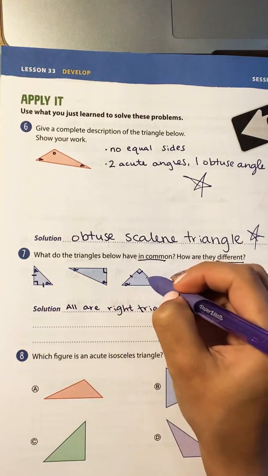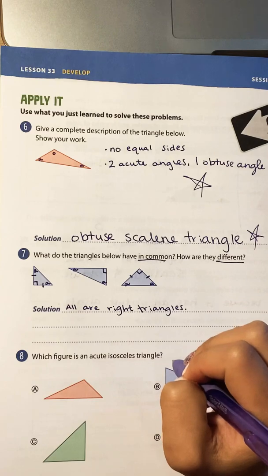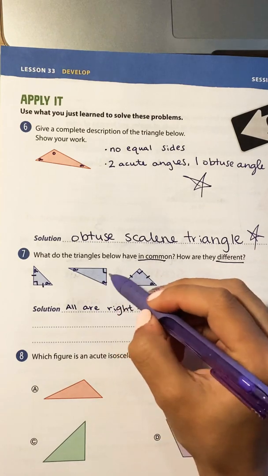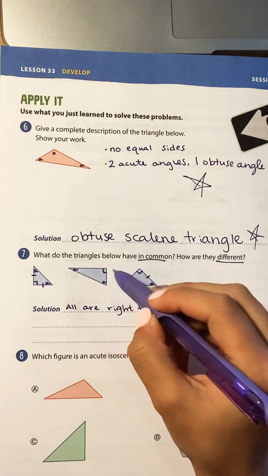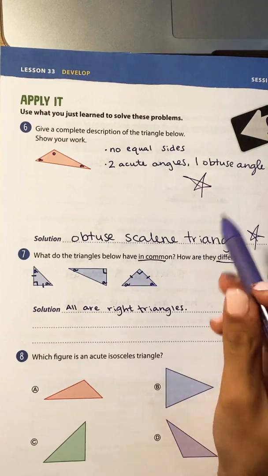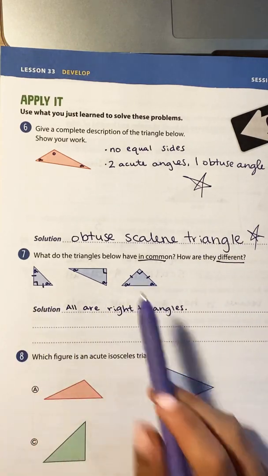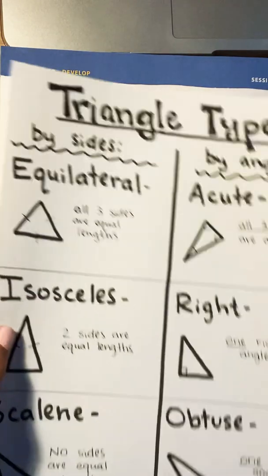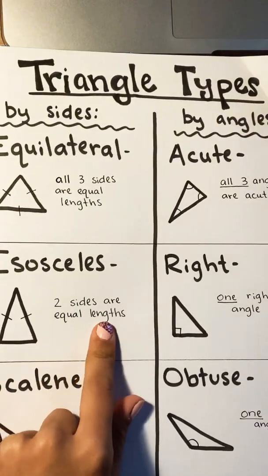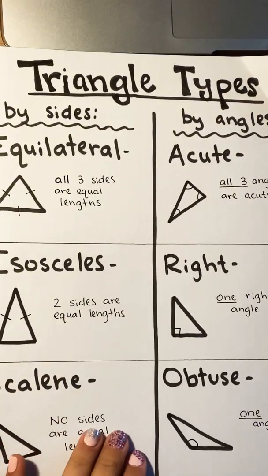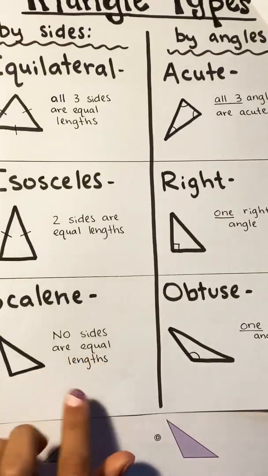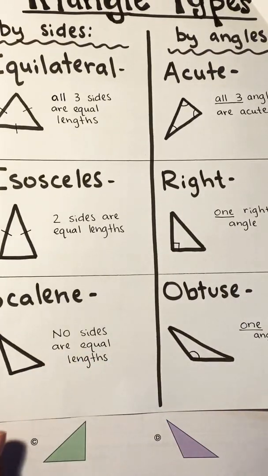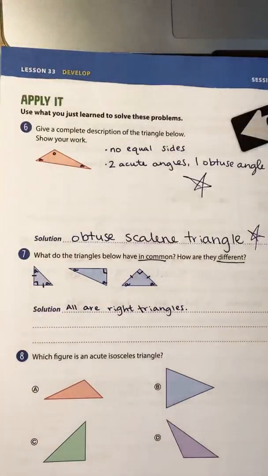This side and this side are the same length. This one, though, doesn't have any sides that look the same length. Okay? So I would say the first triangle and the third triangle are isosceles, because two lengths are the same size. But the middle triangle is scalene, because no sides are the same.